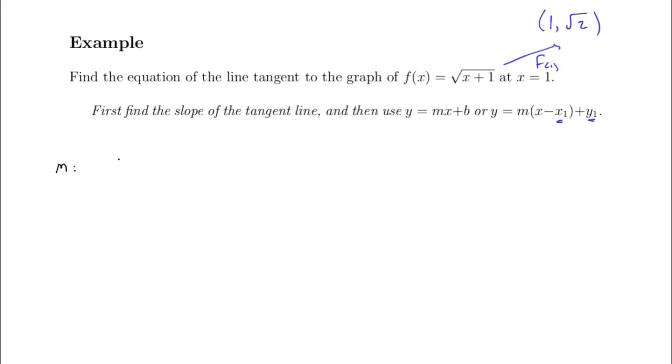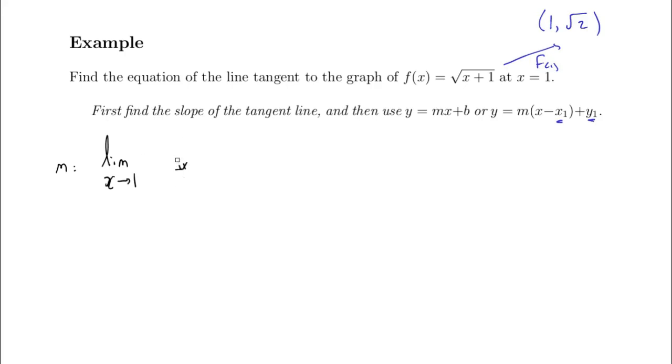m is going to be the slope between 2 points getting really, really close to each other. So I'm going to set up a limit, and remember up there we said we're going to make the x values really close. So I'm just going to say, well, I have one x value that's 1, and the other one is just going to be some unknown value x that approaches 1. And now what I need to do is find slope, delta y over delta x, right?